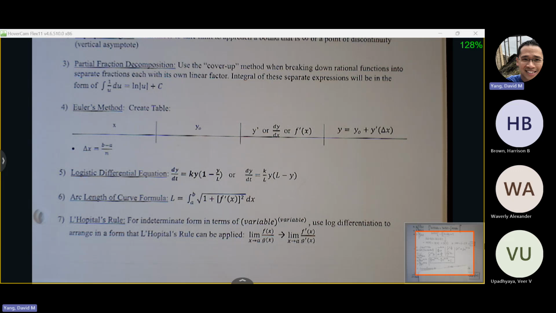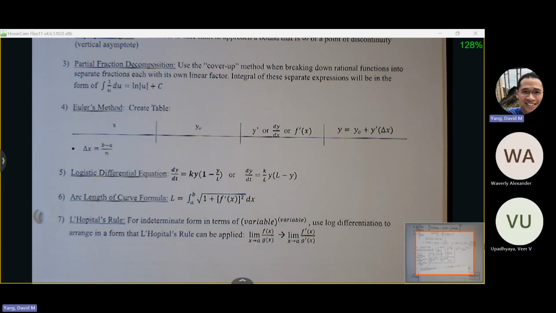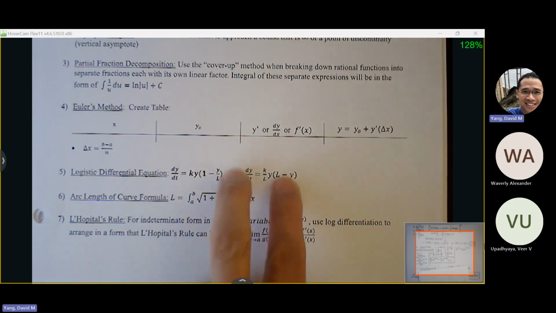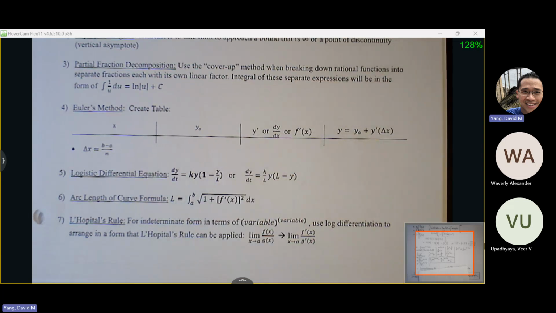What would that look like? If they ask for the K value, they'll have to somehow give you the dy/dt, they'll have to give you the y, and they have to give you the limiting value. If you have all those 3 pieces, you can just plug them into the equation, algebraically move things around, and solve for K.